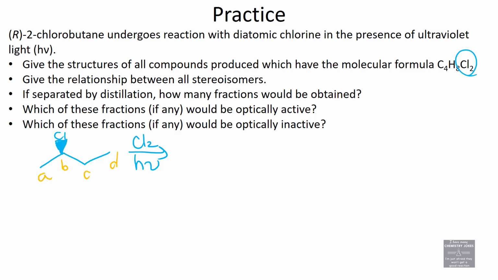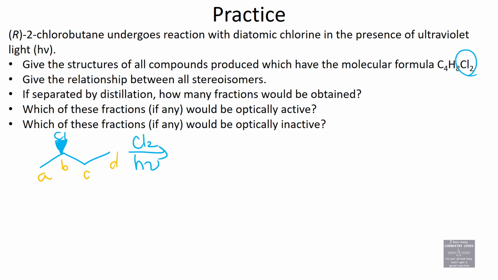I would expect to see 4 signals, which should mean I have 4 products, 4 constitutional isomers of my dichlorinated compounds. All right, let's get on it.